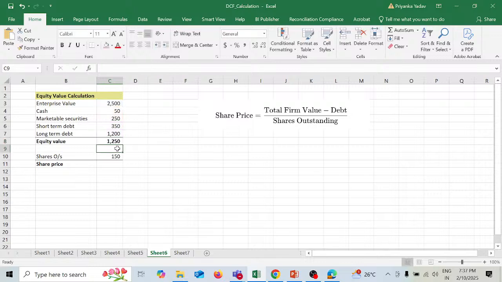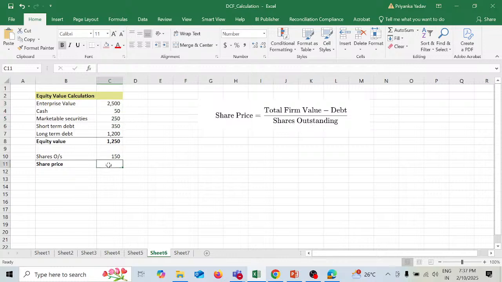So this is 1250. Now outstanding shares, if we have assumed it to be 150, so it is easy to calculate the share price over here. This is the formula. Total, this is equity value, that is your total firm value. Firm value you have calculated by adding these three minus debt. So this is your equity value divided by outstanding shares.